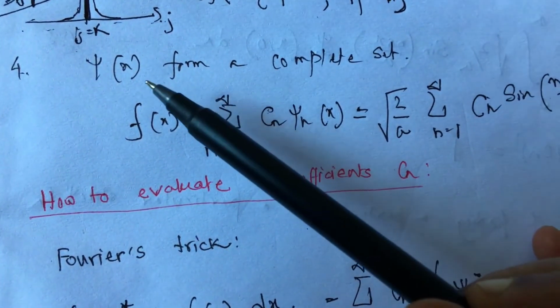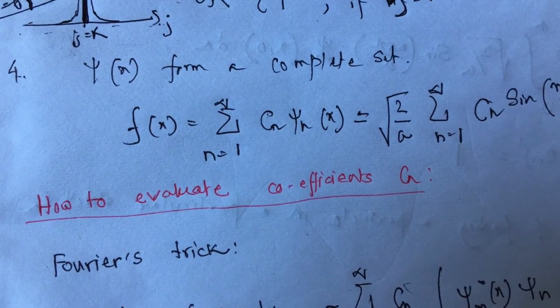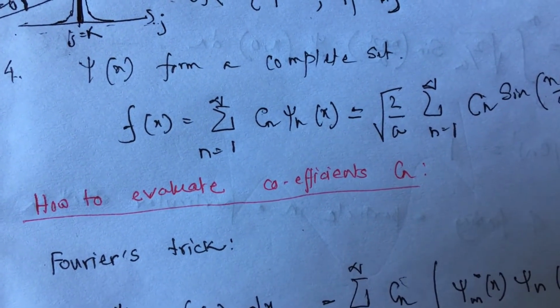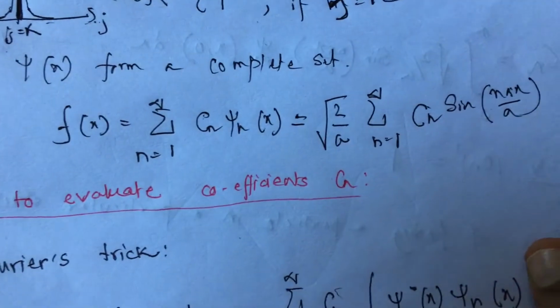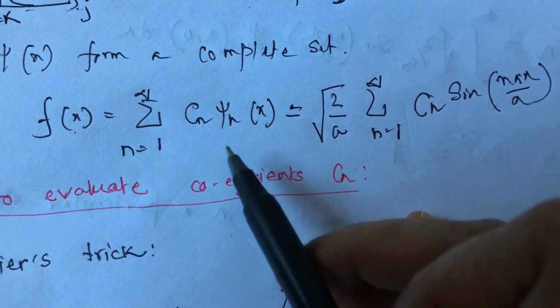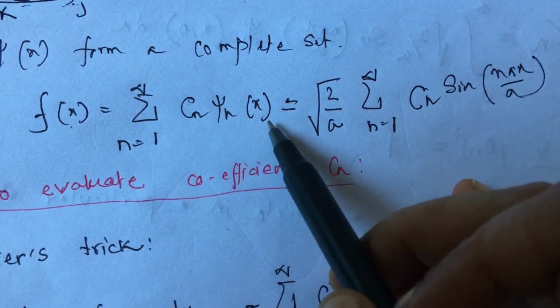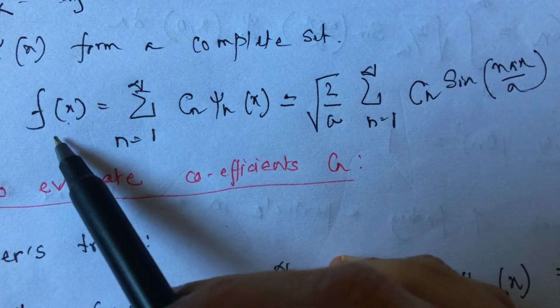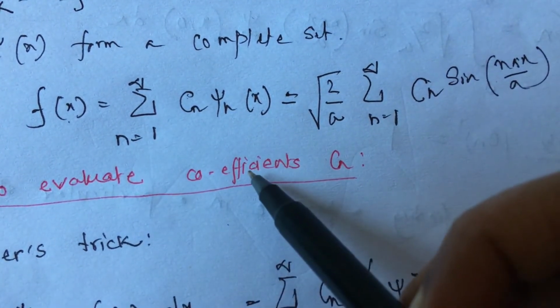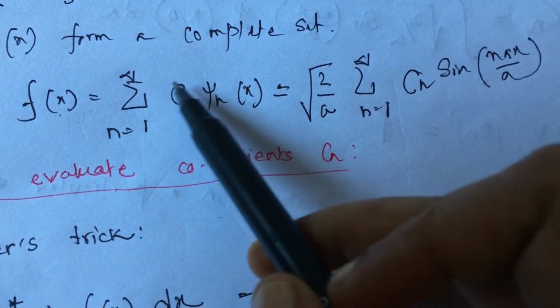Another important property the wave function should satisfy is the completeness. By completeness we mean, if I want to write some function f(x), then I can write it with the help of these wave functions, and this f(x) can be written completely with the help of these wave functions, with just these coefficients.